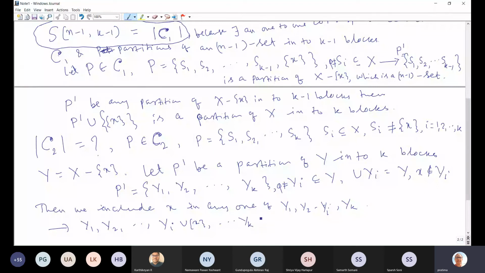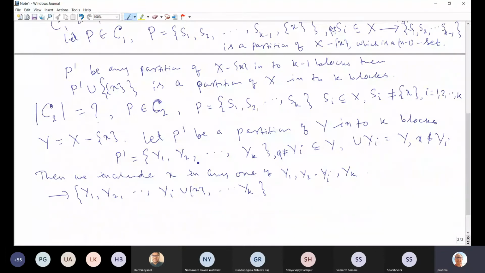We get this collection of subsets, and none of these subsets will be the singleton set X, because Yi was a non-empty set earlier and it has some element of Y. So it is not a singleton set X. Therefore, this is a partition of X into k blocks in which the singleton set X is not a block.